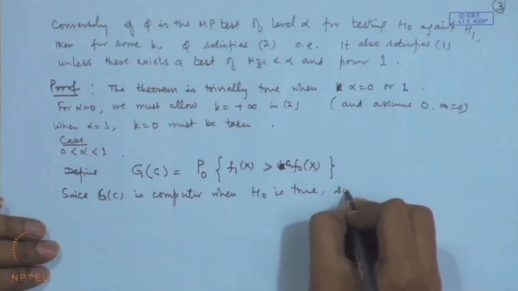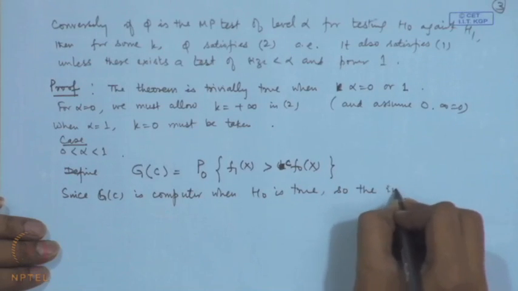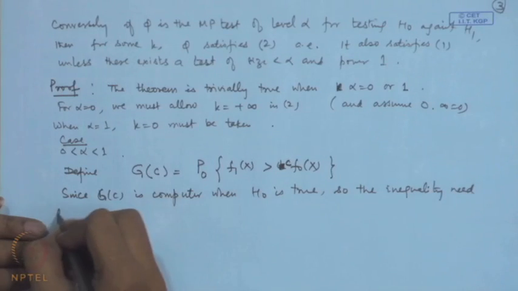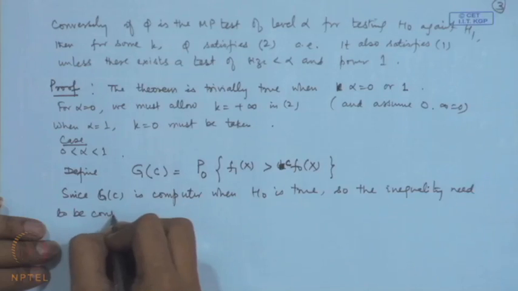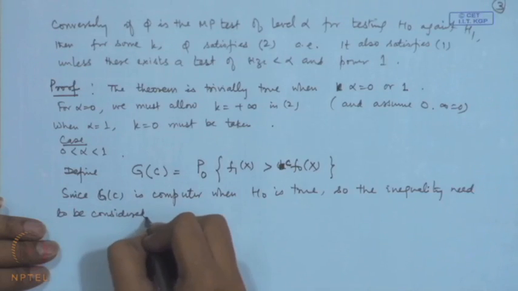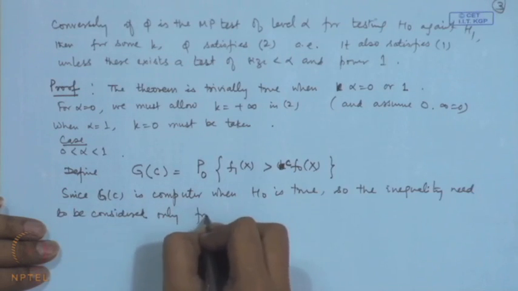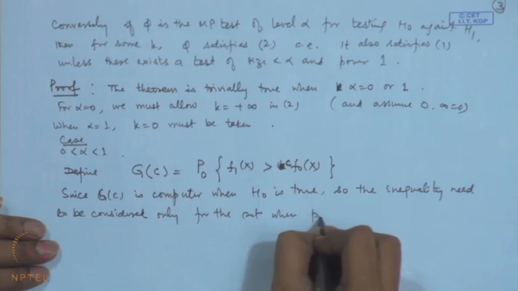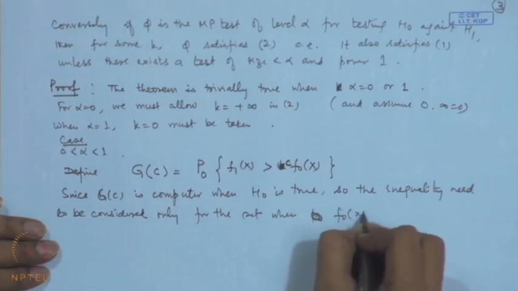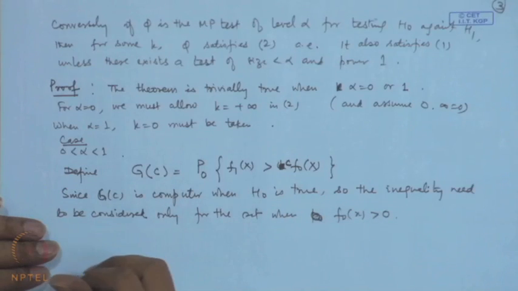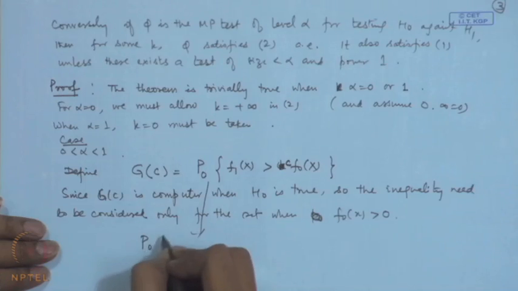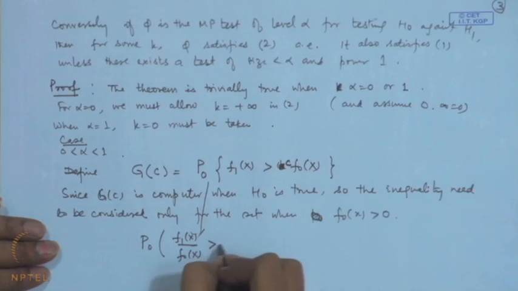So, the inequality needs to be considered only for the set when f naught is positive. In that case, this is actually becoming the probability that f 1 x by f naught x is greater than c.